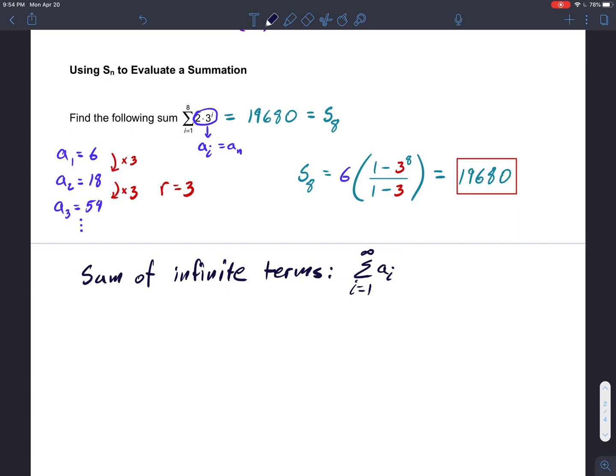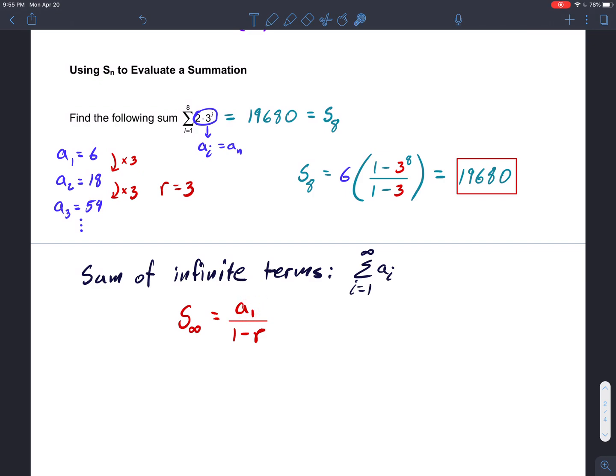For geometric series, the sum of infinite terms, we'll call it S sub infinity, is equal to a sub 1 divided by 1 minus the common ratio.